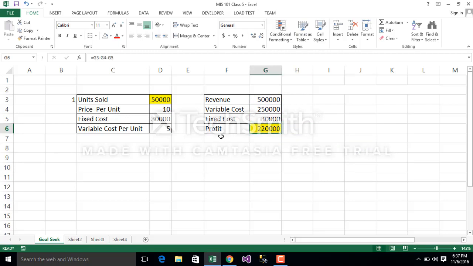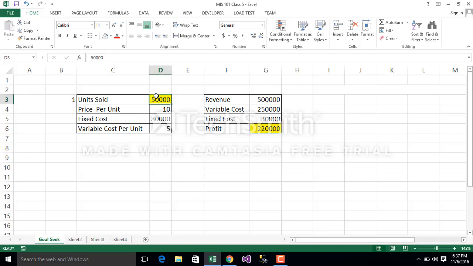So we want to know, if we want a profit of 3 lakhs, then what are the changes in other variables? If we want to increase our profit, we can do 3 things in this problem.